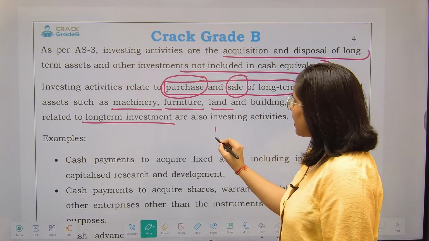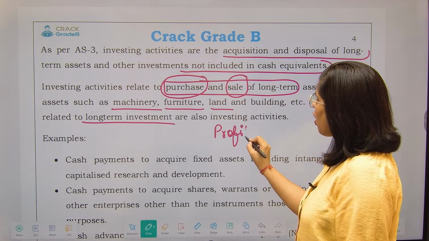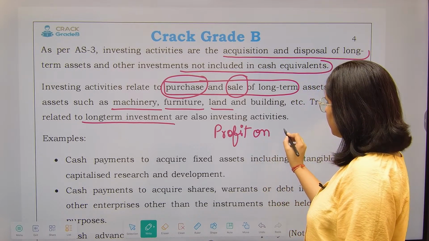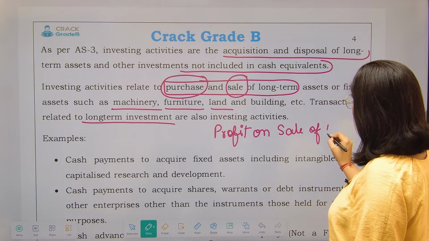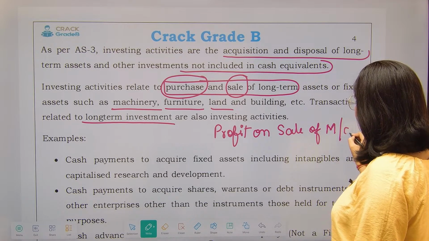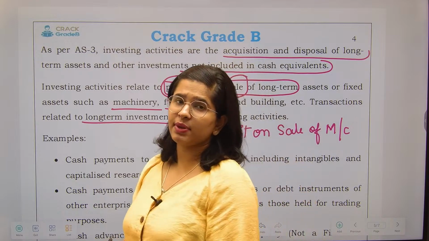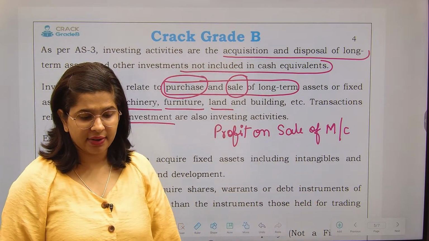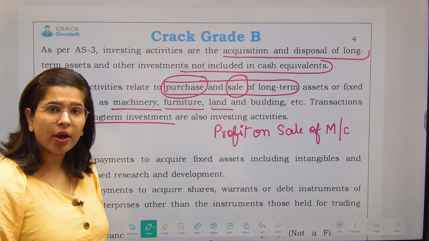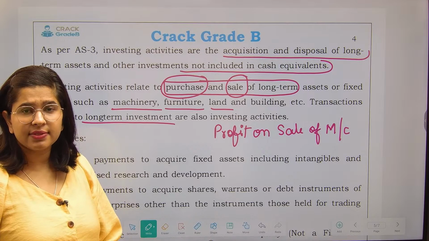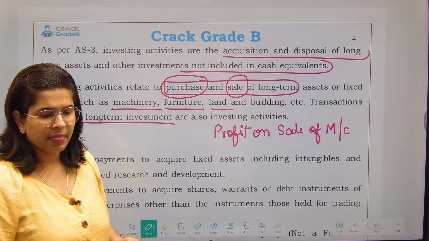Question is, suppose I have earned a profit on sale of machinery, profit on sale of building, profit on sale of investment, or loss on sale of investment, loss on sale of building, etc. What kind of activity is this? Is this an investing activity, or is it an operating activity, or is it a financing activity? What kind of activity is this?